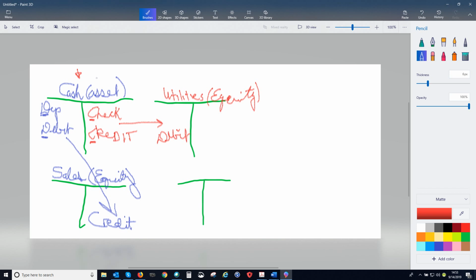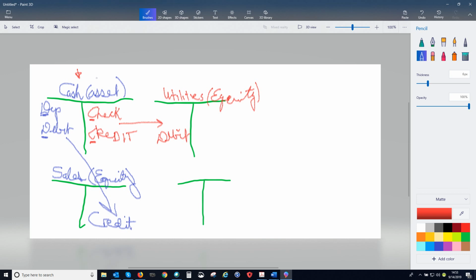So it's a liability on their books. That's why they call it a credit. That's just the opposite of when it's on our books. When it's on our books, it's a debit. It's an asset. And then when we write a check, it's a credit. It reduces our checking account. So those are our first two transactions.